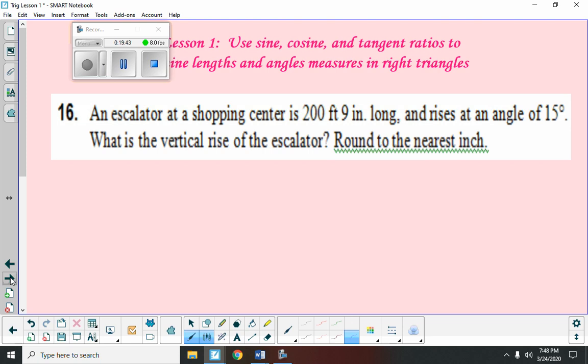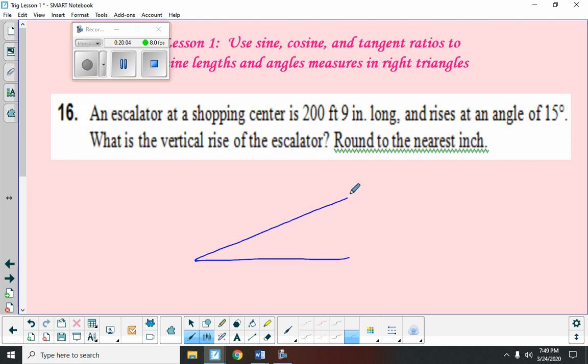Here's a problem that's in your worksheet. It says an escalator at a shopping center is 200 feet, 9 inches long, and rises at an angle of 15 degrees. What is the vertical rise of the escalator? Okay, so we're going to draw a picture. Make sure you draw lots of pictures here. So the escalator, oh, I miss being at a shopping mall.